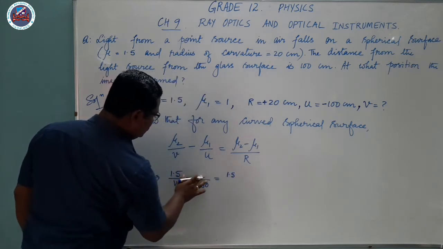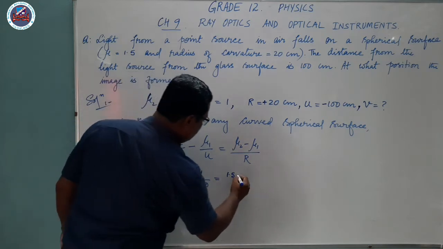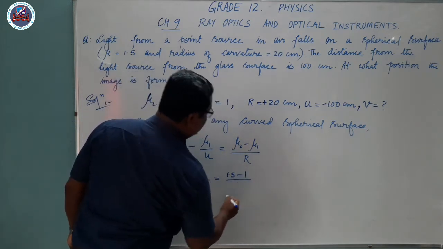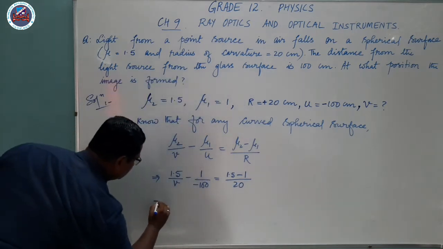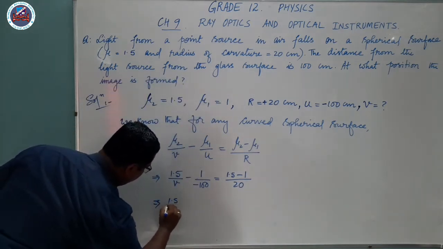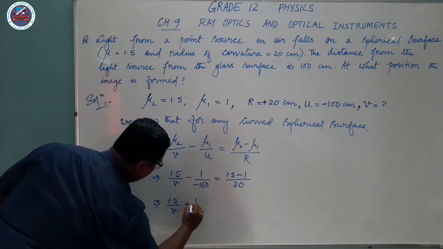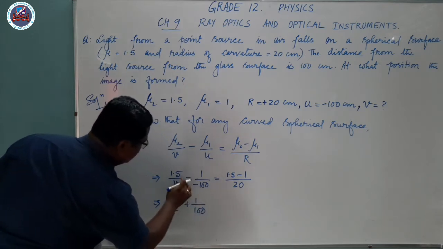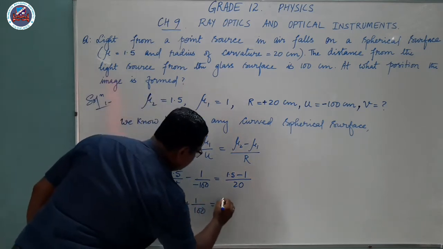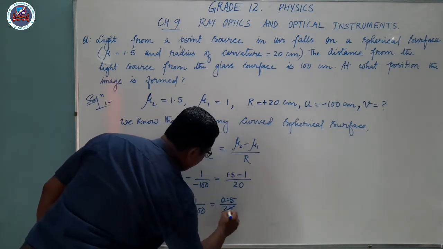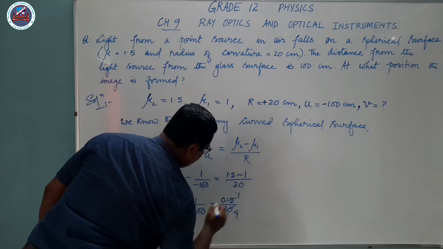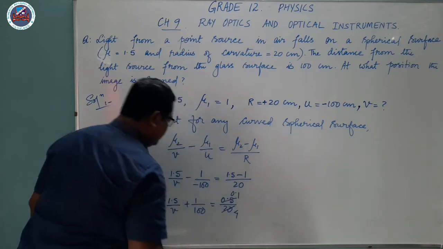Mu1 value is 1, minus 1, divided by radius of curvature is 20. So 1.5 by v plus 1 by 100, minus to minus is plus, equal to 0.5 divided by 20. 5 4s are 20, 5 1s are 0.5.